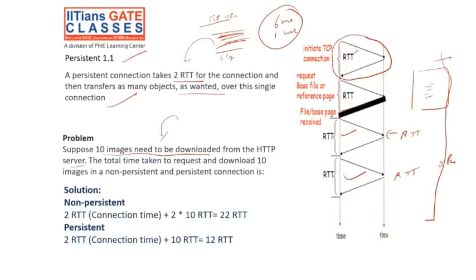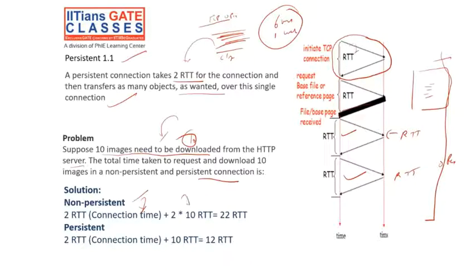The total time taken to request and download 10 images in the non-persistent and persistent connection is, now you have 10 images to download, right? So for non-persistent, the connection time is 2 RTT. First to initiate, and the basic reference page we receive in 2 RTT. Plus, again, how many objects are there? 10 images.